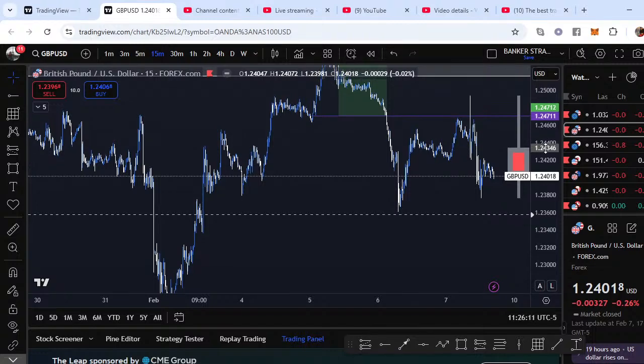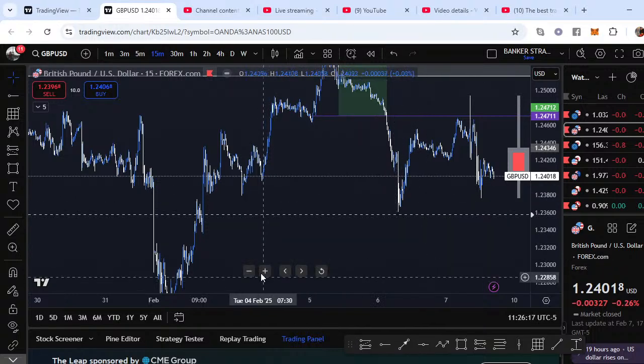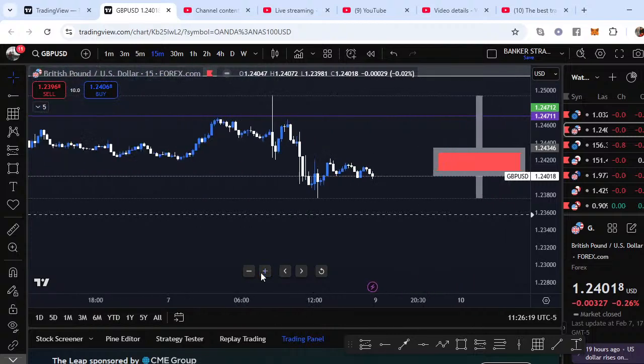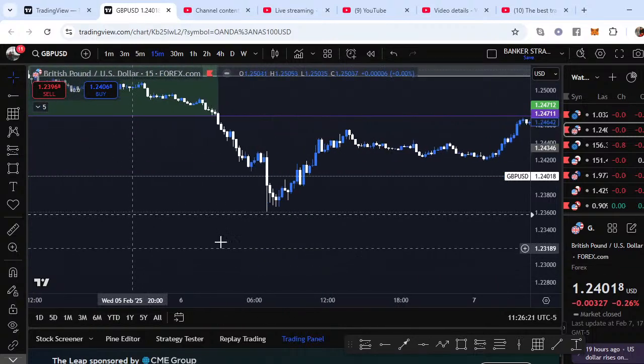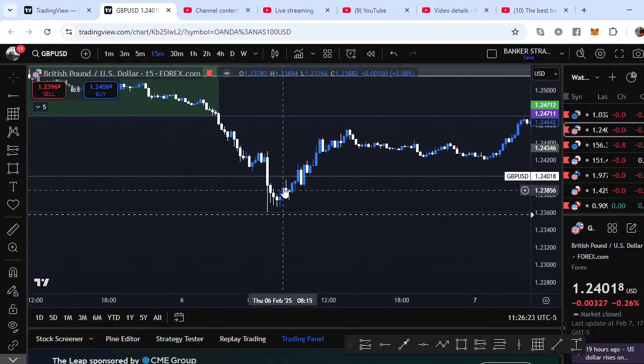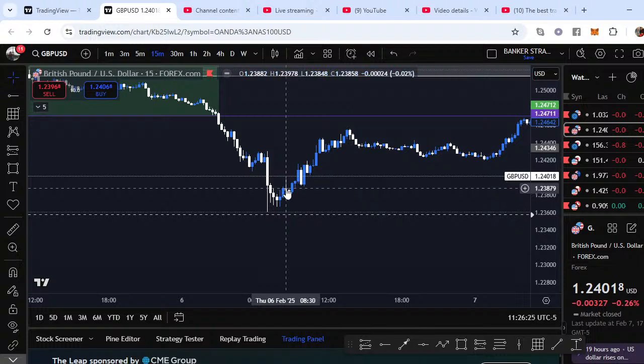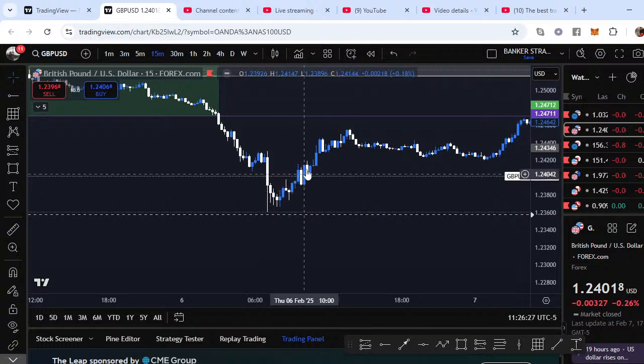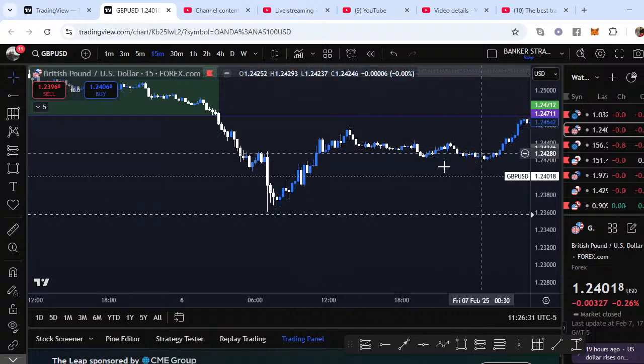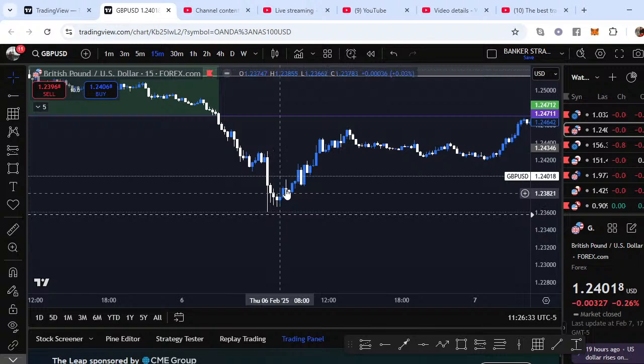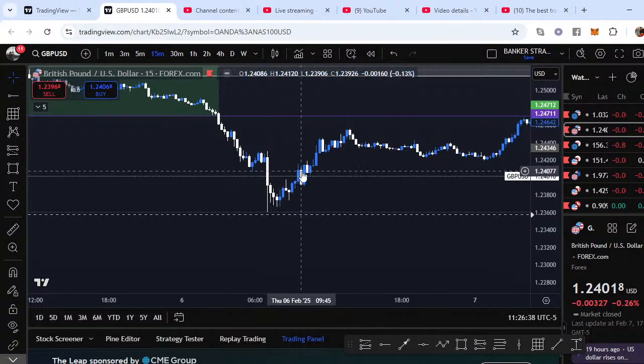I would have waited, and then as soon as I see a lot of choppiness like that and a clear sign of wanting to go higher, which it did here, changing the state of delivery, it was actually right here.